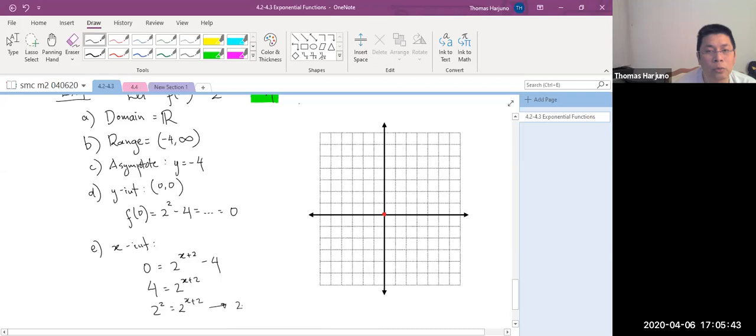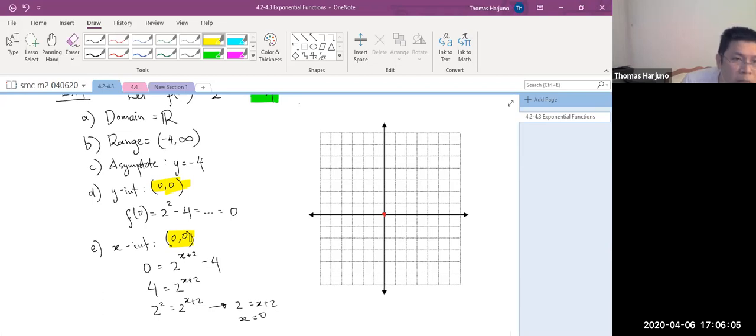Therefore, 2 equals x plus 2. x equals 0. So the x-intercept is also (0, 0), which we already have because we know the y-intercept is (0, 0). And because the function is one-to-one, once the y-intercept is the x-intercept, there won't be other x-intercepts.